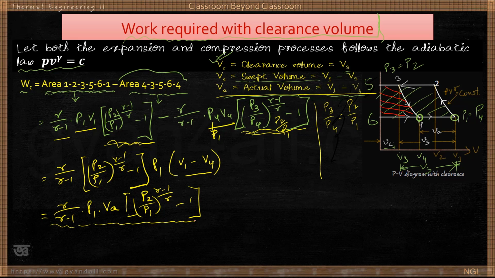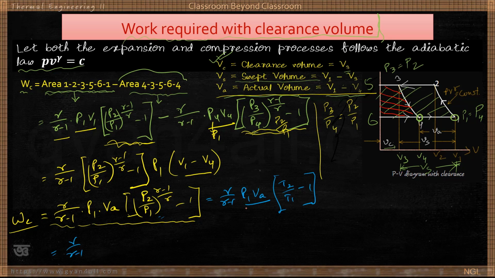Finally, we get the work required for the compressor with clearance volume is gamma by gamma minus 1 P1 VA, and also we can write it in terms of temperature. This we can write as T2 by T1 minus 1, again gamma by gamma minus 1.